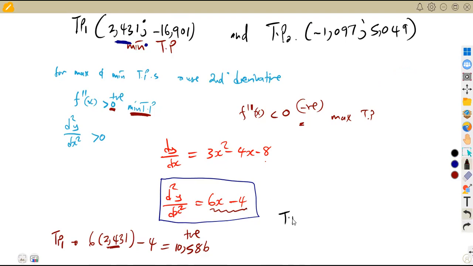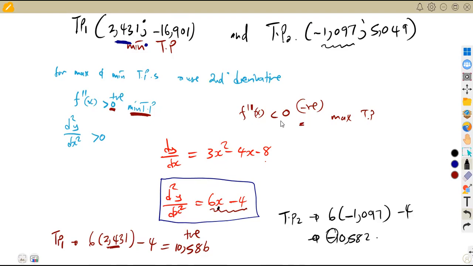So for the second turning point, our x is negative 1,097. You're going to substitute in place of x in the second derivative. So it's going to be 6 into negative 1,097 minus 4. If we simplify, we are going to obtain a negative value in this case, negative 10,586.582, something like that, which is a negative value.